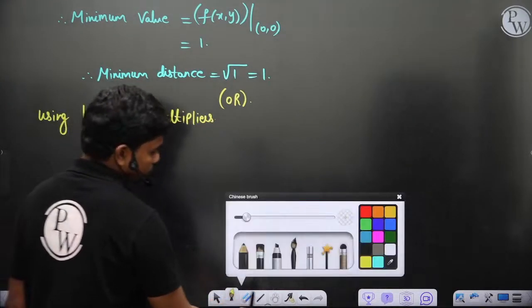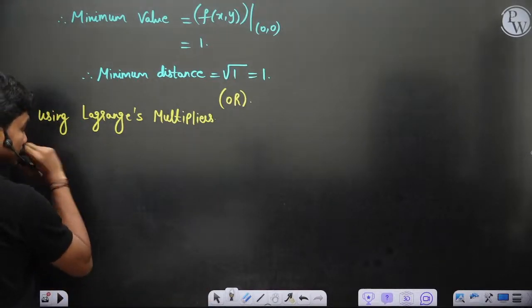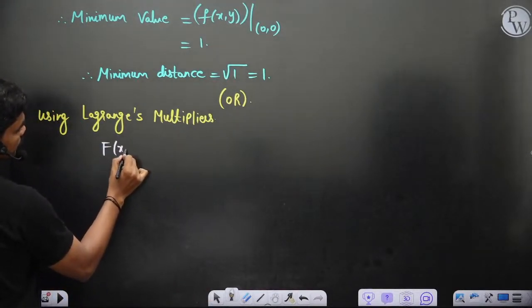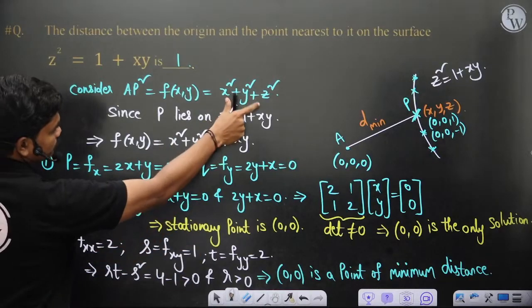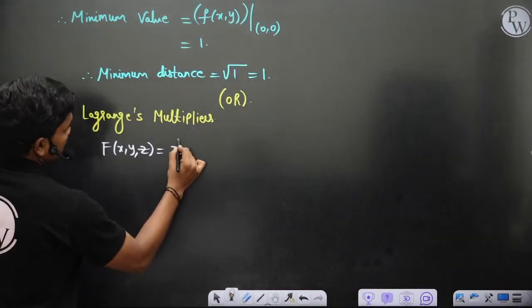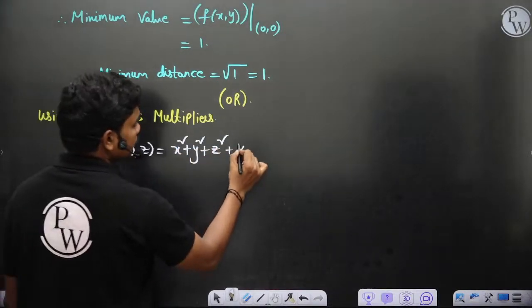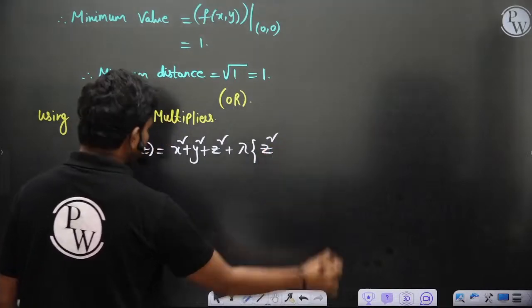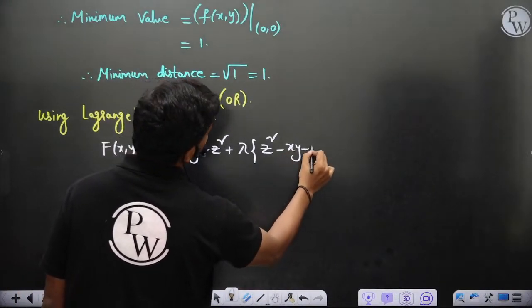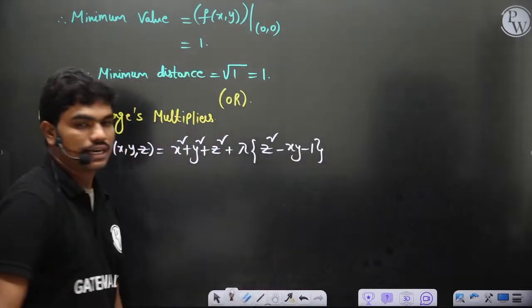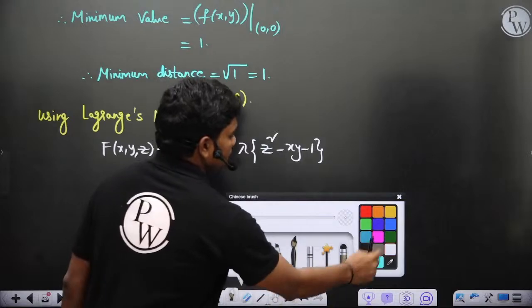So if you use Lagrange's multipliers, F of xyz is the function which you have to optimize, basically x square plus y square plus z square, but these three variables are connected by this constraint. So z square is equal to 1 plus xy. If you pull it to the other side, z square minus xy minus 1. Okay, so this is the function actually. Using this technique as well, you can solve. Let us do a bit of calculation to understand.